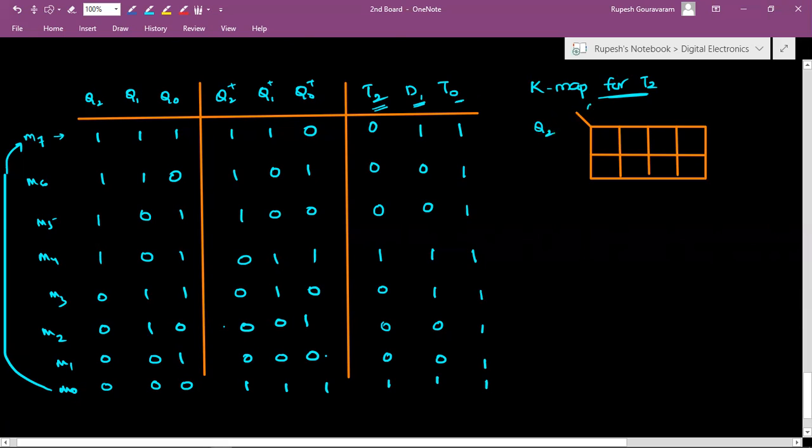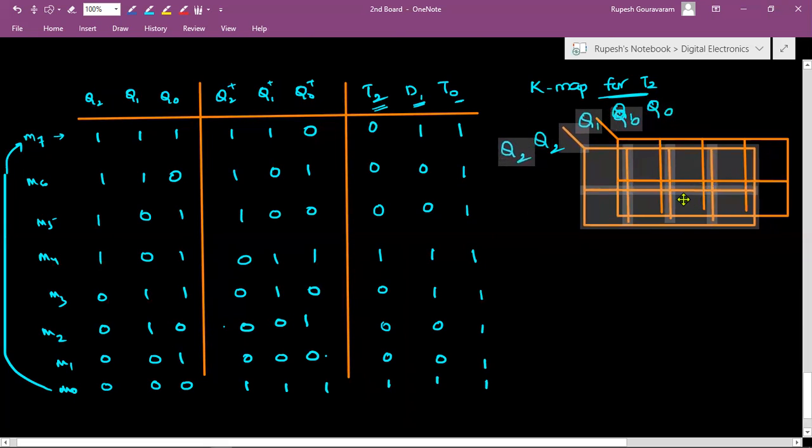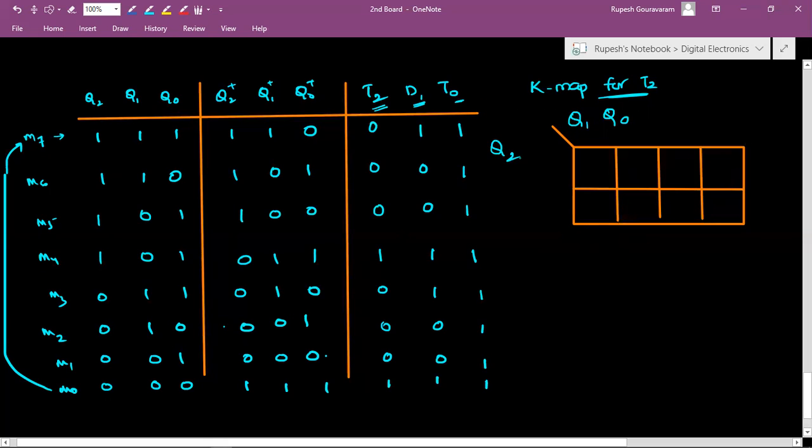So here there is Q2, Q1, Q0. The column order is 00, 01, 11, 10. So K-maps are written like this. 000 means 0, then 001 means 1, then 011 means 3, then it comes 2. In the bottom row we have 4, 5, 6, 7.